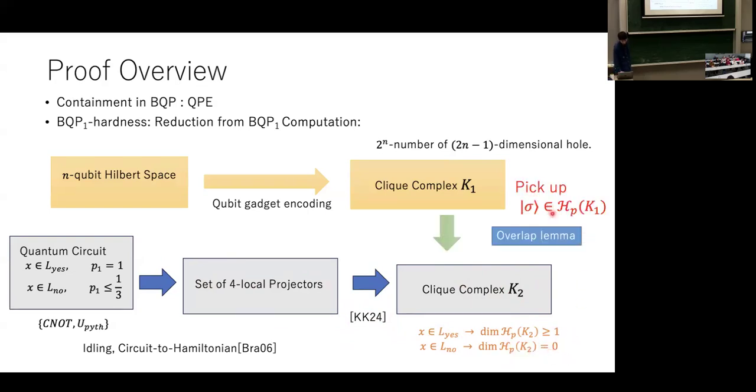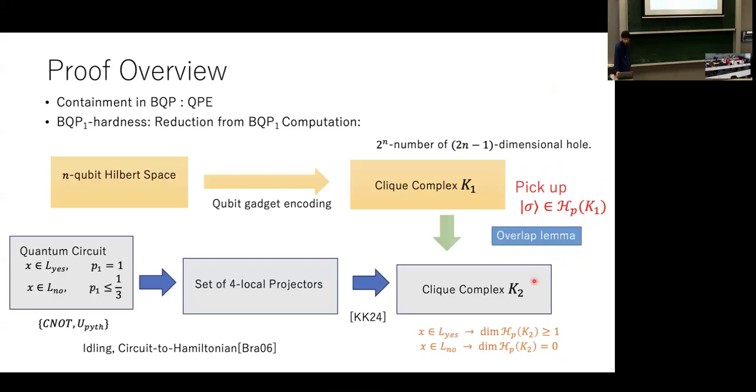We also need to pick a hole in this K1, so we choose some vector in this harmonic homology group, and we have to show that this hole satisfies the desired properties according to the definitions of the problem.